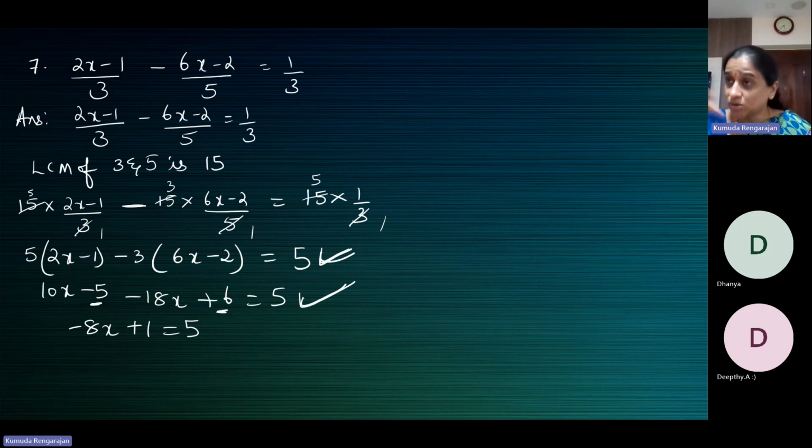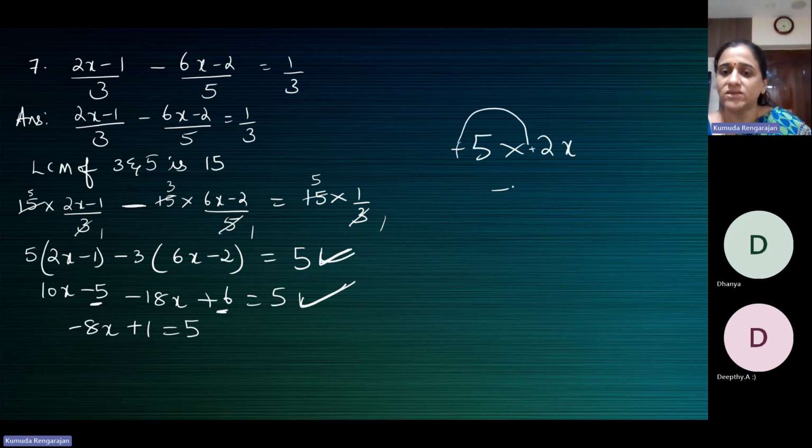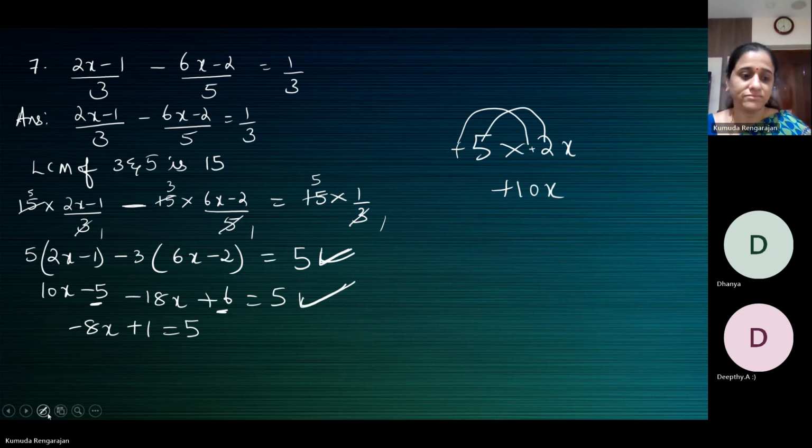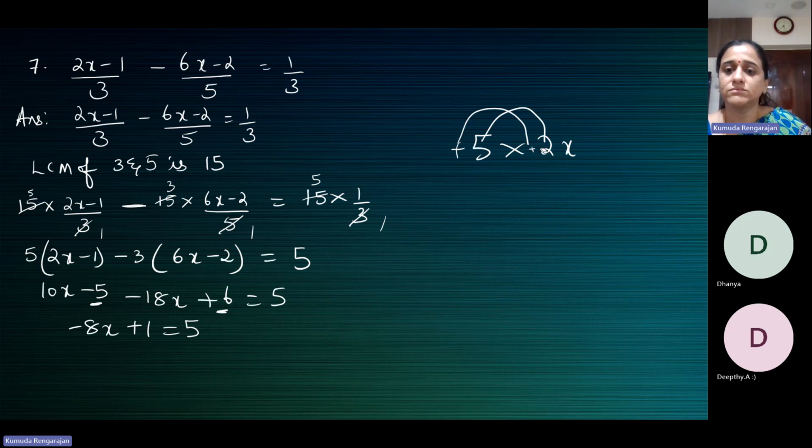You should multiply the signs, multiply the numbers, and put the letter as it is. Now see, when you have 5 into 2x, 5 is plus, and this is also plus. So plus into plus, plus. 5 into 2, 10, and x. Okay? Yeah, so after this?